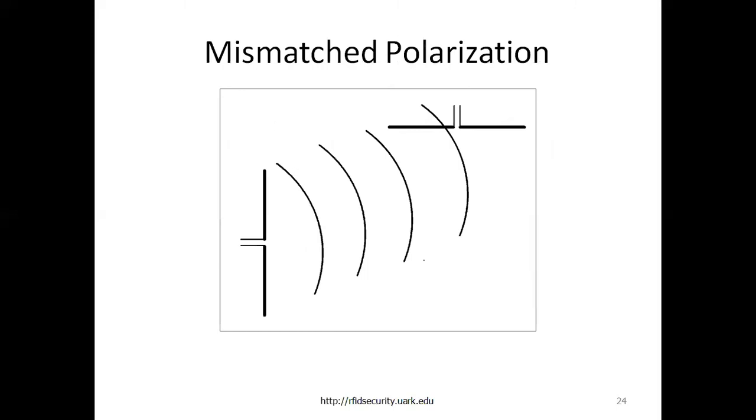But if the transmitter is polarized in this form and the receiver is in this direction, vertical versus horizontal, we call it polarization mismatch, because it is not completely received. Only about 25%, 20% or 10% may be received by the receiving or transmitting antenna.